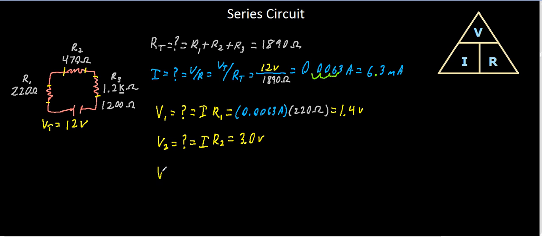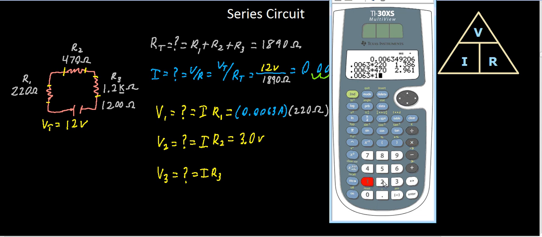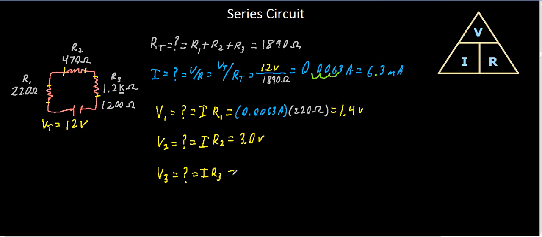And of course, we'll do the exact same thing for the voltage drop across resistor 3, or voltage 3. It's current times resistance 3. We'll type that into our calculator, 0.0063 times 1,200. And what do we get? We get 7.56. Let's call that 7.6 volts. And thinking about this makes sense.